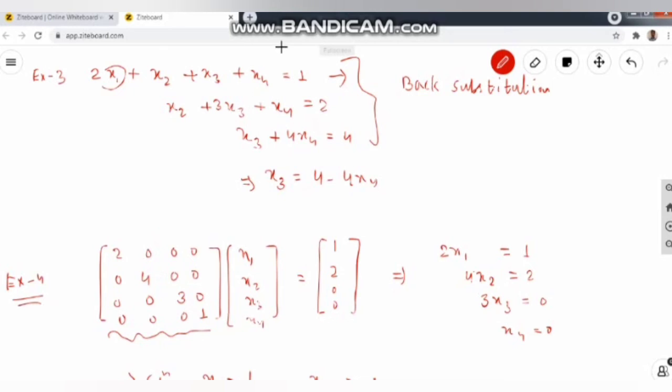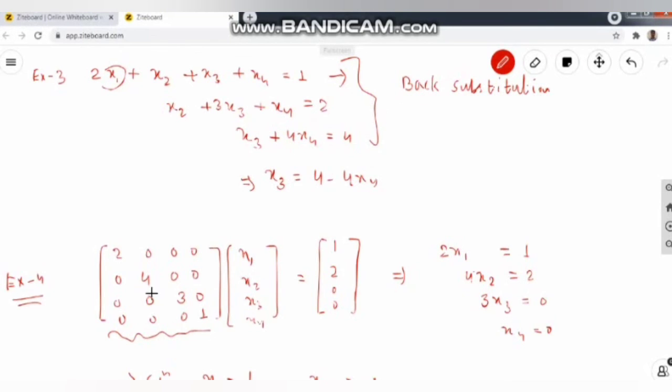I'm just trying to explain here that when we have a simple system of linear equations, we can find a solution easily. In this case, the coefficient matrix is an upper triangular matrix, so we can find the solution using back substitution.